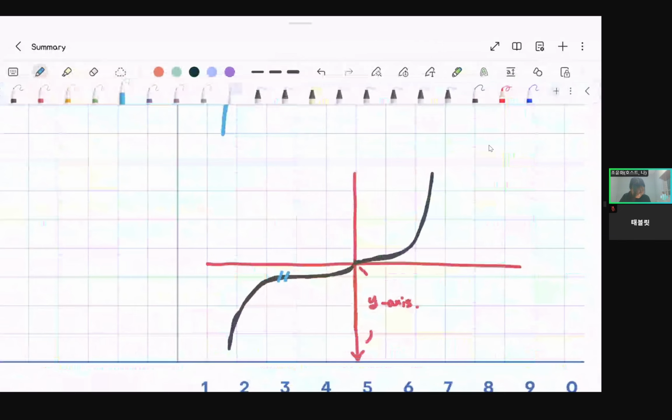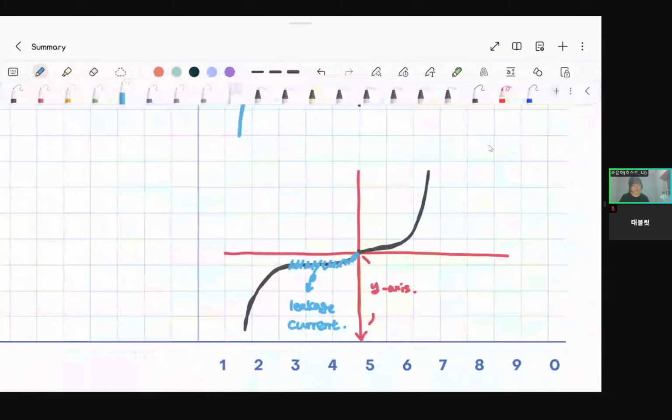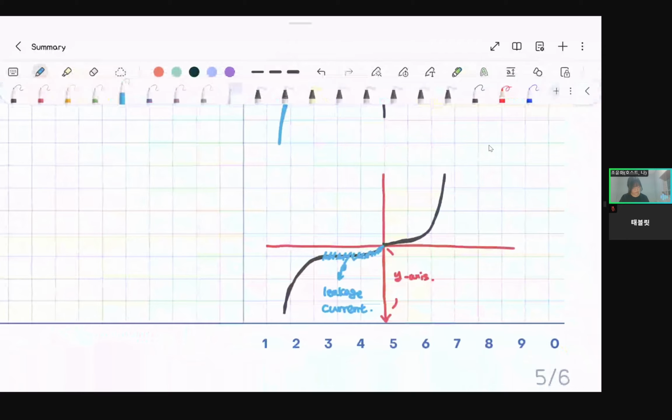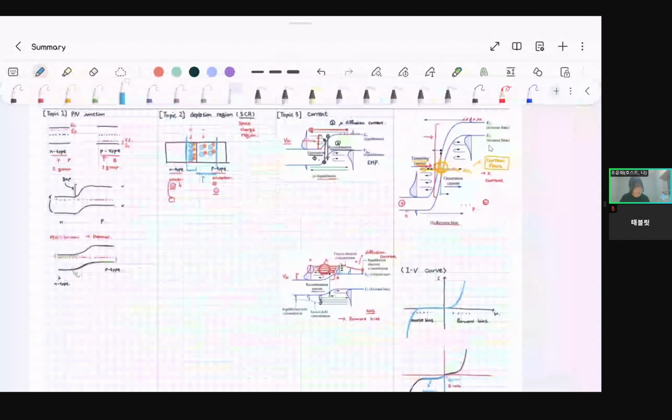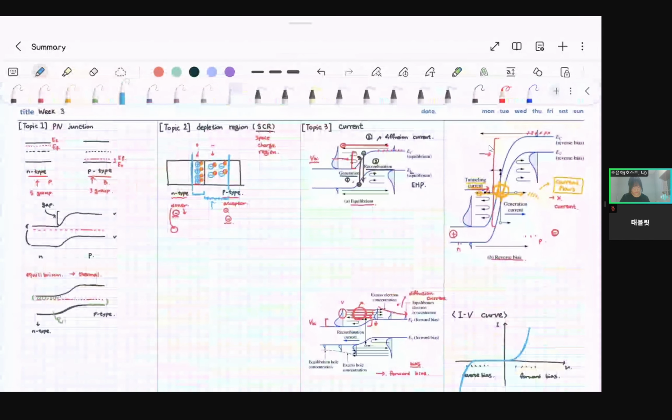Even if we apply a reverse bias, there is a leakage current, but it is too small, so we don't have to consider this current. So I said I exaggerated this y-axis. So this time we discussed the PN junction.